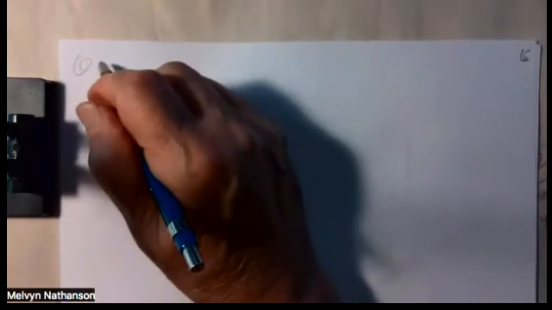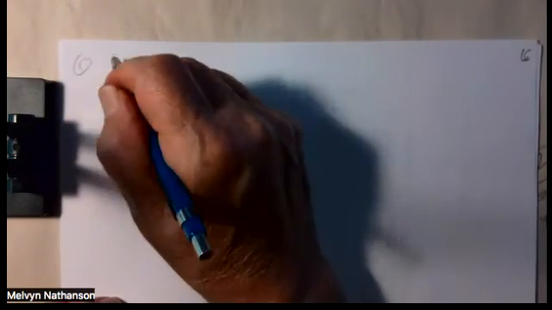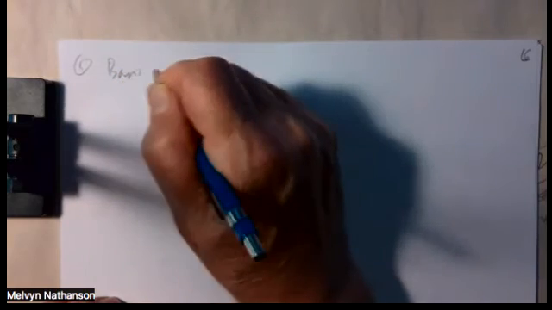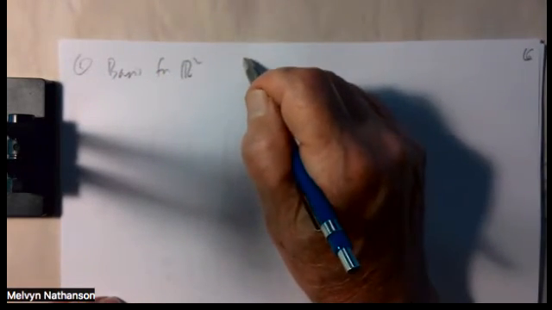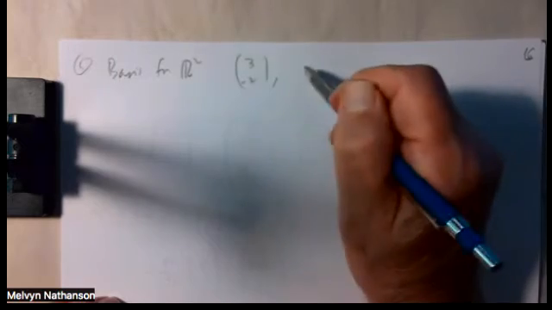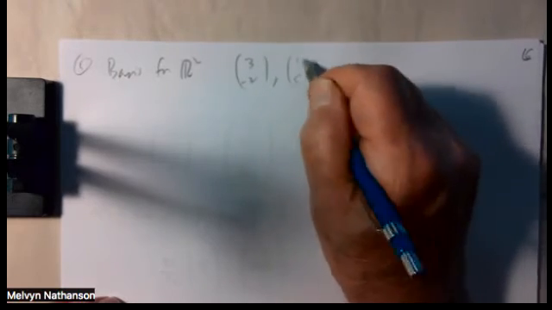Graham-Schmidt, very important. So in problem number 5, we have a basis for R2, which are the vectors (3, -2) and (1, 5).